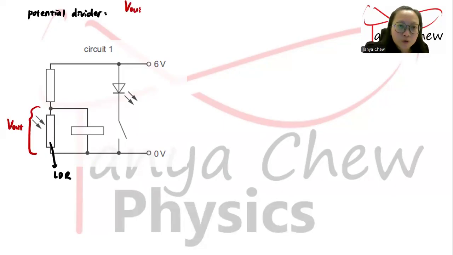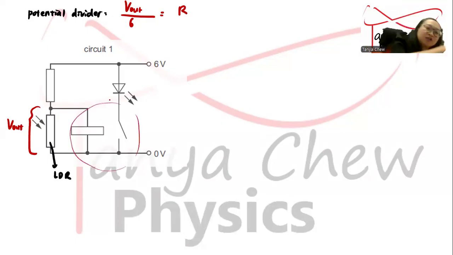V output over V input, where V input is the whole voltage here, that is 6 volt, is equal to R output over R total. R output is the R related to the LDR, because the relay, the whole thing here, is connected to the LDR. V output across the LDR is the same as the voltage across the relay.